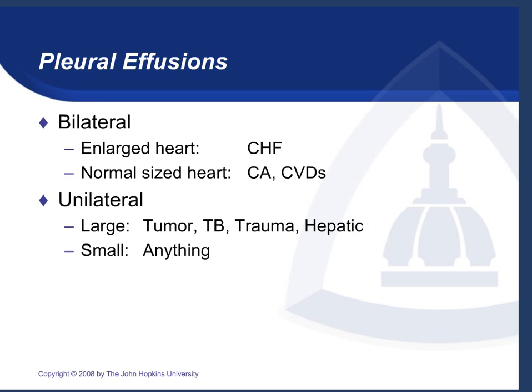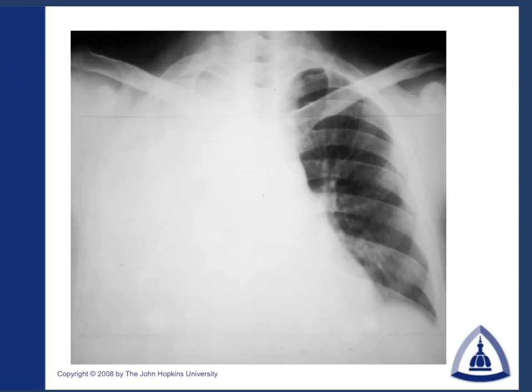If the effusion is only on one side and large, it's only one of a few things: tumor, tuberculosis, trauma, or a hepatic hydrothorax. If it's small, anything goes. I can't help you there. Okay? So, big effusion, one side: tumor, TB, trauma, hepatic hydrothorax.